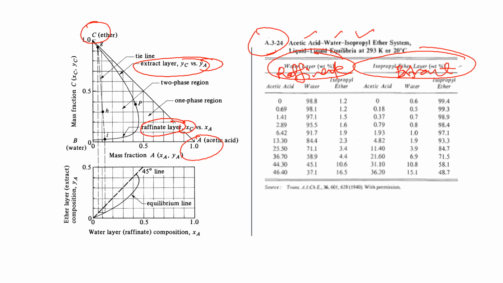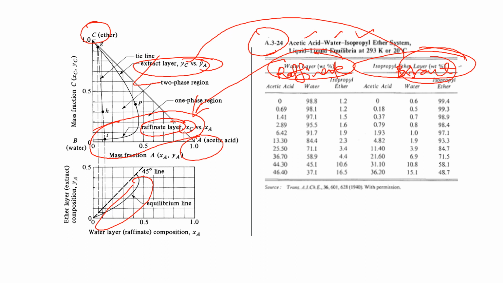To construct this equilibrium curve of the raffinate, this is the section. If you want to plot the raffinate layer, you have to use the data from the raffinate section on this diagram. Next, take the data from the extract to plot the extract layer. The equilibrium line over here is actually a plot of XA and YA.